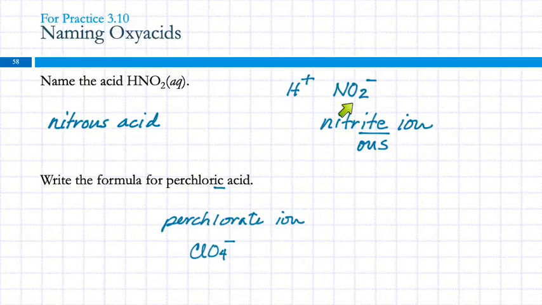Nitrite is one less oxygen than nitrate. So ClO4 minus, the other ion is going to be a hydrogen ion. And so when I put these together, my formula is HClO4, and then ideally we put AQ after it. Any questions?